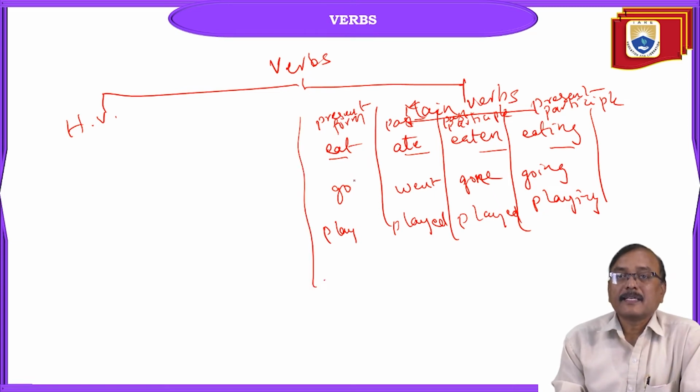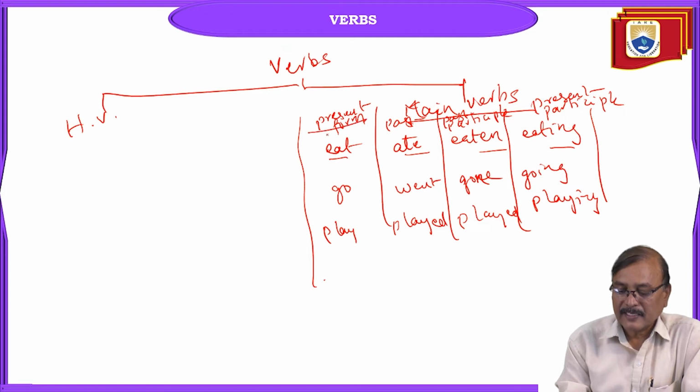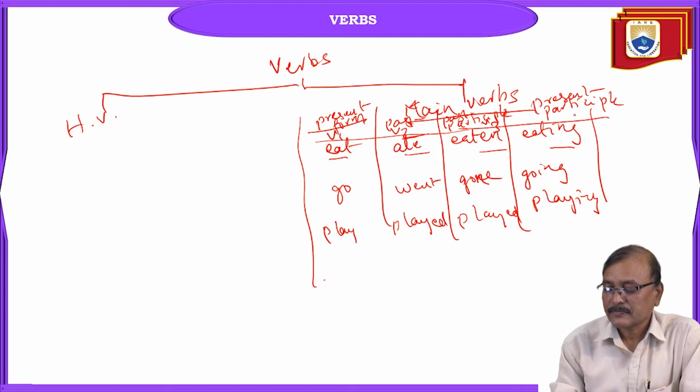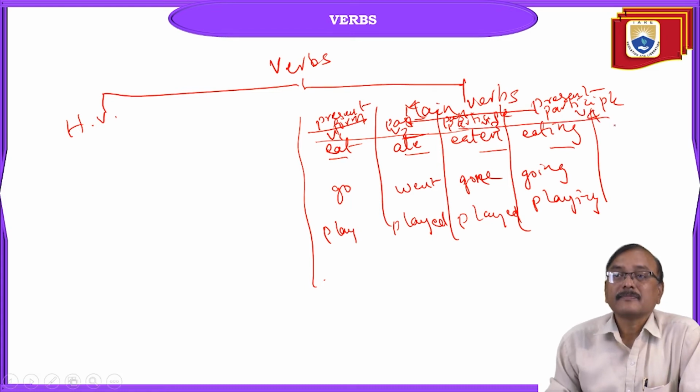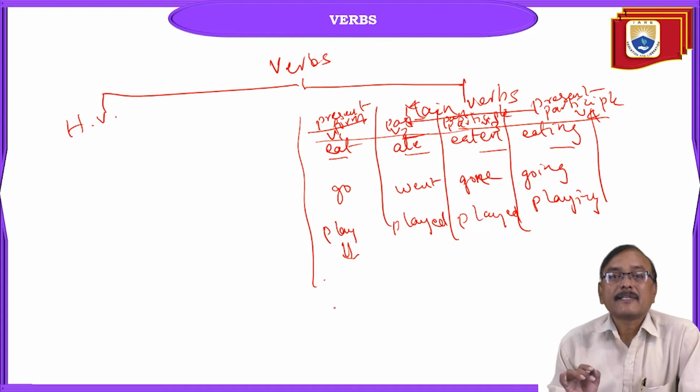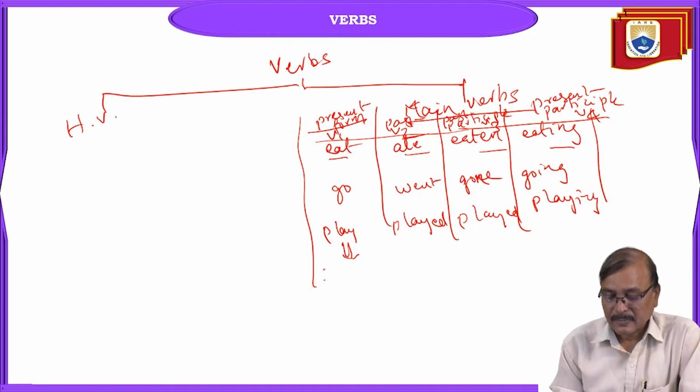This present form, you can also call it the V1 form. This you can also call the V2 form. This is the V3 form. This is the V4 form. Generally, this V1 form is used in the simple present tense and also in the simple future.